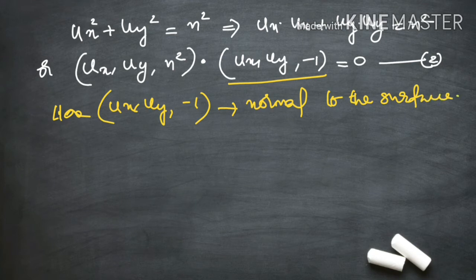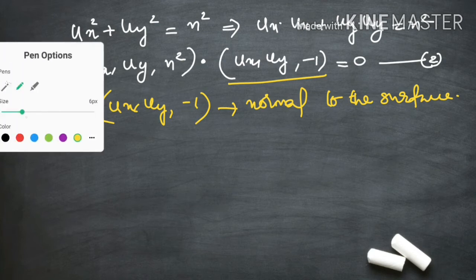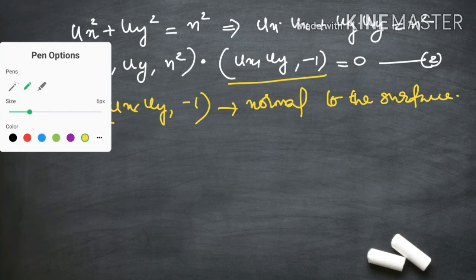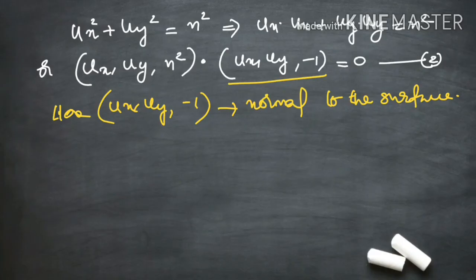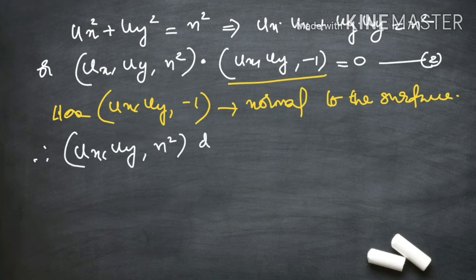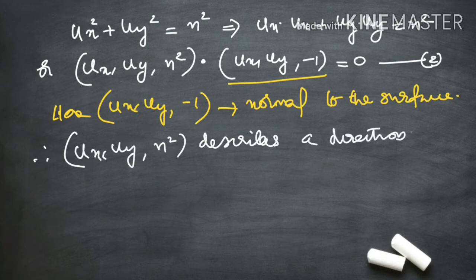Obviously the vector (ux, uy, n square) will describe a direction tangent to the solution surface. Therefore this will be a vector in the tangent plane to the integral surface to be determined.